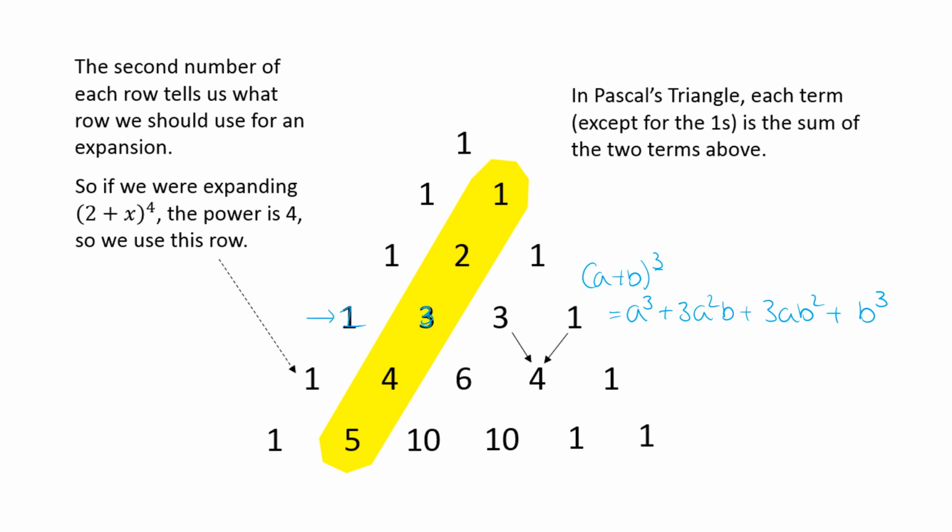Again, we've got 4 terms because the power in the bracket is 3. You always get one more term. The powers on the a are descending, the powers on the b are increasing, and the powers on each term of the a and b are going to sum to the number on the bracket.